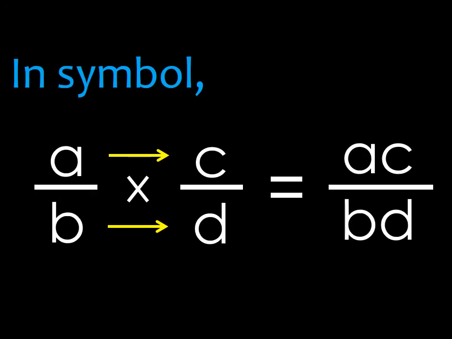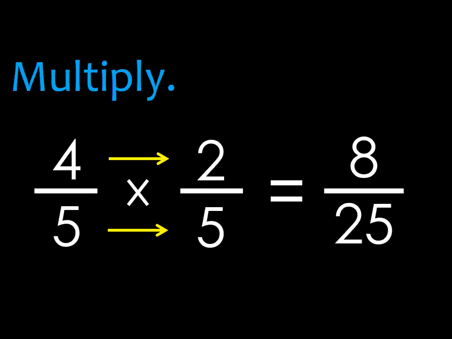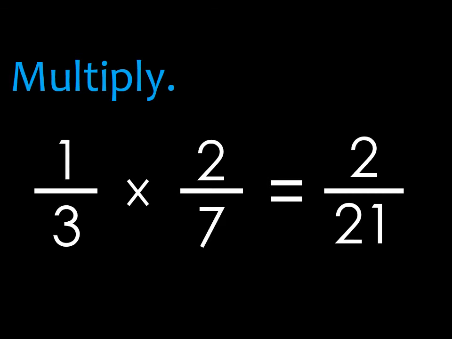So, in symbol, we have a over b times c over d is equal to ac over bd. So, to multiply, we have 4 times 2 is equal to 8 and 5 times 5 is equal to 25. So, ganun lang yung multiplication. Multiply numerator to numerator, denominator to denominator.